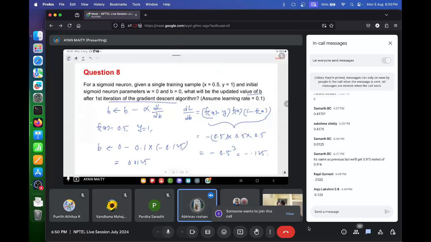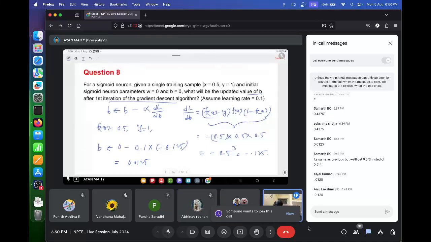Actually, if you substitute the given values in the f(x) function, it's coming a different answer. In what function? f(x) is equal to 1 by 1 plus e to the power of minus (wx plus b), right? If you substitute the b and x values as well as the w value there, it's coming another term.